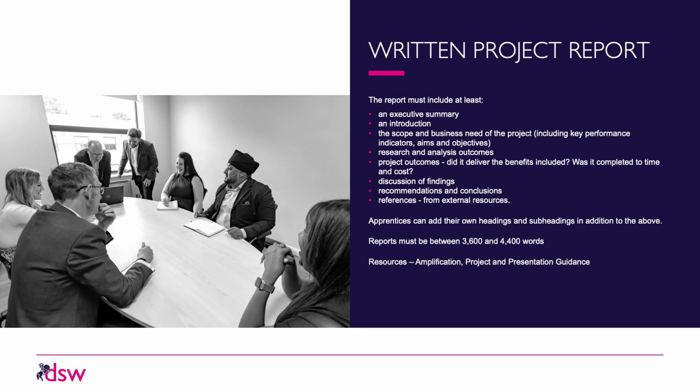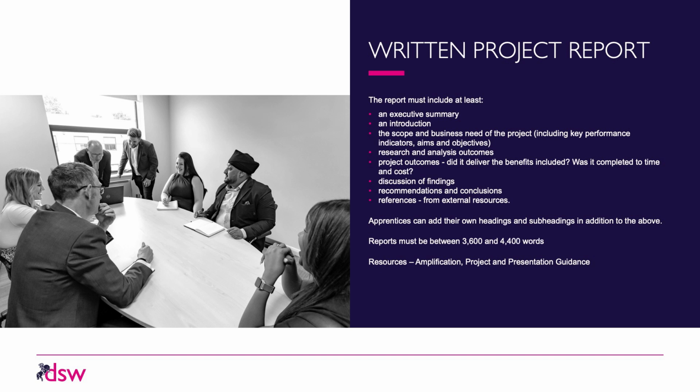The written report then must include the following areas: an executive summary, an introduction, scope and business need for the project, research and analysis outcomes, project outcomes, discussion of findings, recommendations and conclusions, and then referencing from external resources.